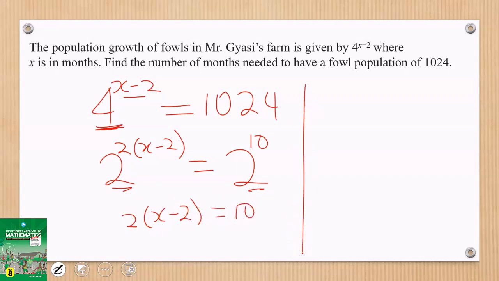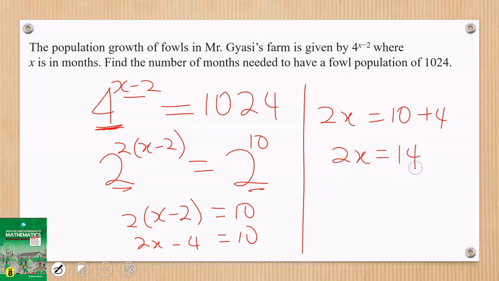When I expand this, I have 2x minus 4 equals 10. If you group like terms, we have 10 plus 4, so 2x is equal to 14. Dividing both sides by 2, we have x is equal to 14 divided by 2, and so x becomes 7. And that answers the question.